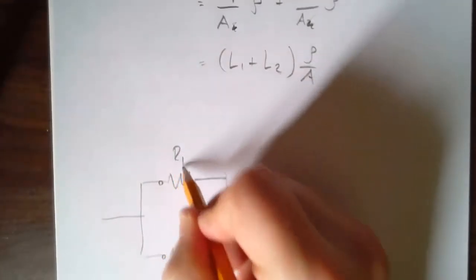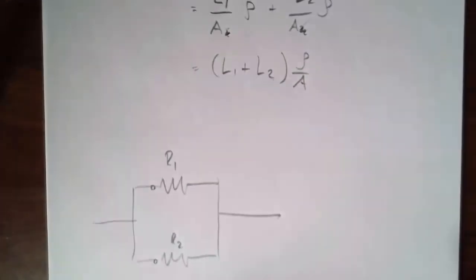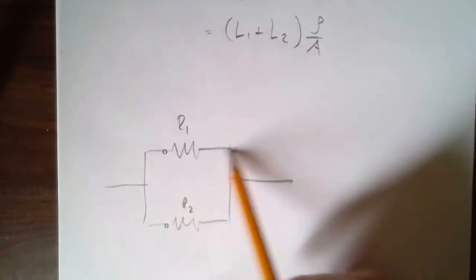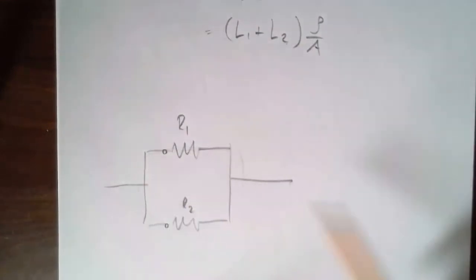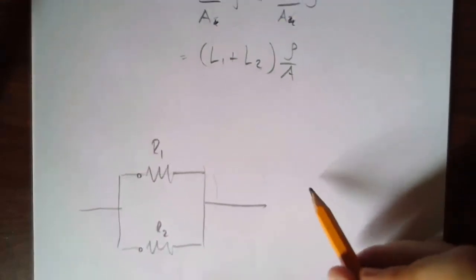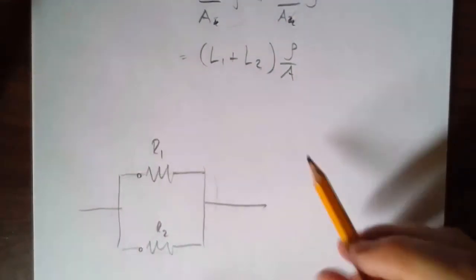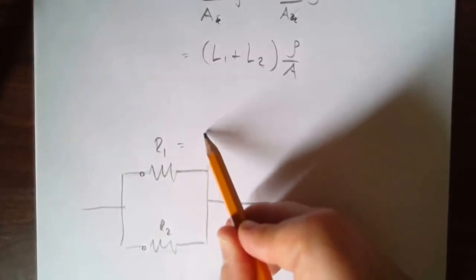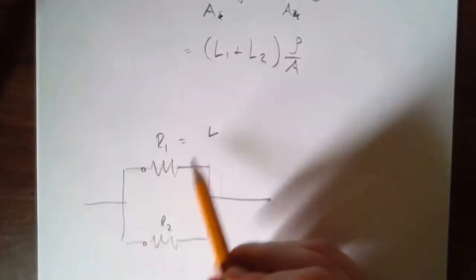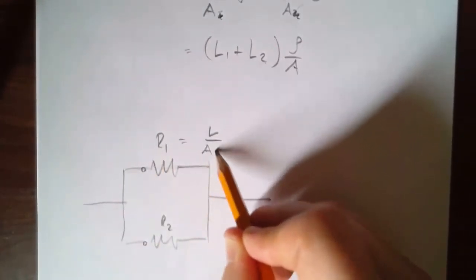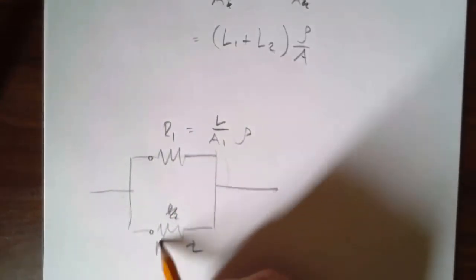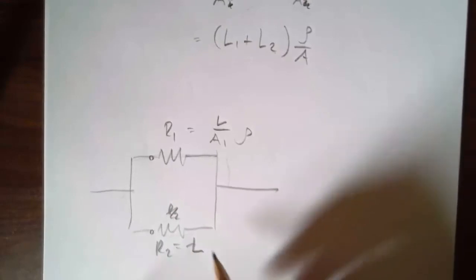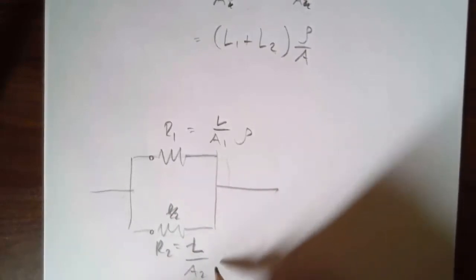So if this is R1 and R2, let's say they have the same length of wire, it just splits into two, you can go this way or this way. Then this one would have L, the same both ways, over A1 rho. This is R2, let me write it down here so I have space, L over A2 rho.